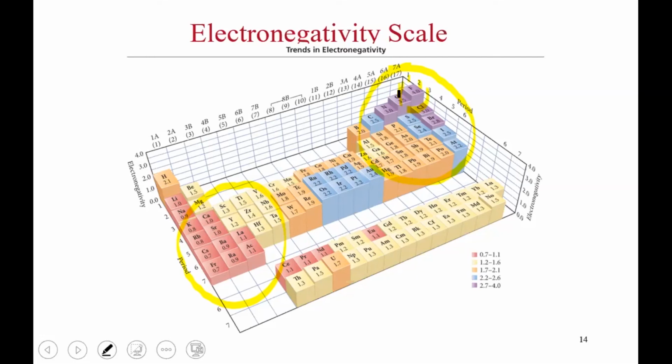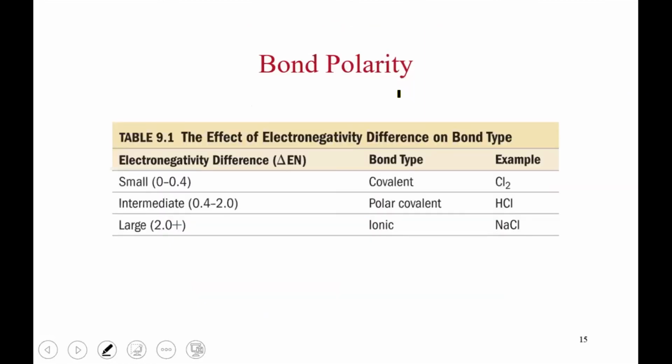Now, in your periodic table handout that you have from the beginning of the semester, each element box has the electronegativity value in it. So you're free to use it to answer questions about this. So the way we do it is like this. This is kind of a little bit arbitrary. How do I tell if a chemical bond is polar or not?